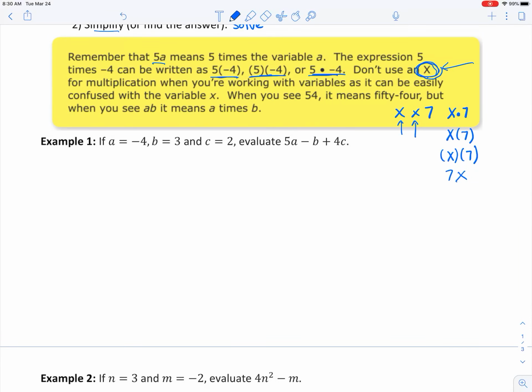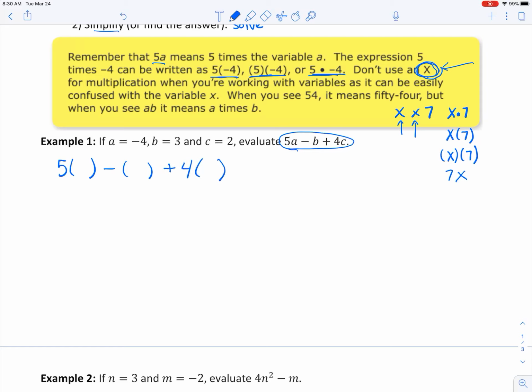Okay, so example 1. If a equals negative 4, b equals 3, and c equals 2, evaluate this expression: 5 times a minus b plus 4 times c. So I'm literally going to rewrite this, and I am putting parentheses anywhere there is a variable.